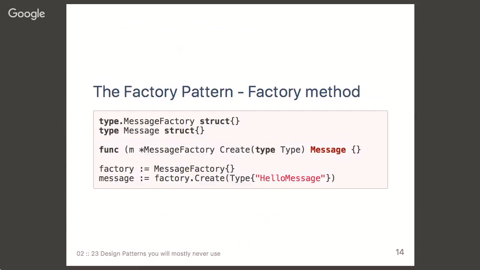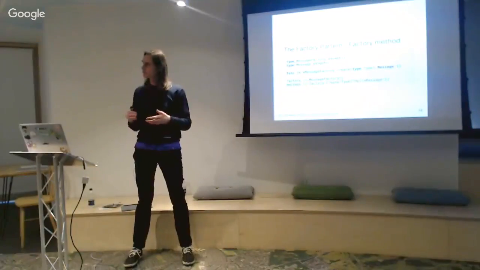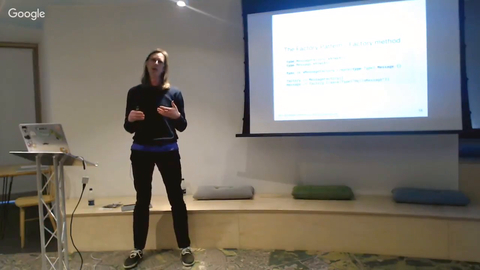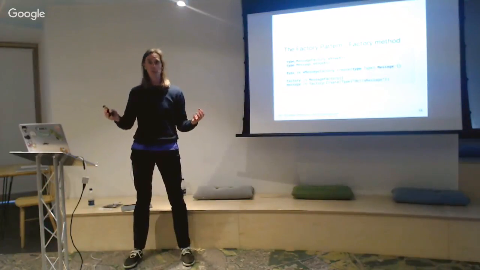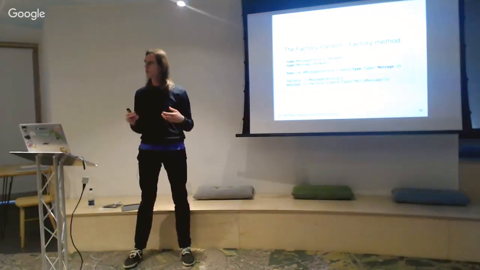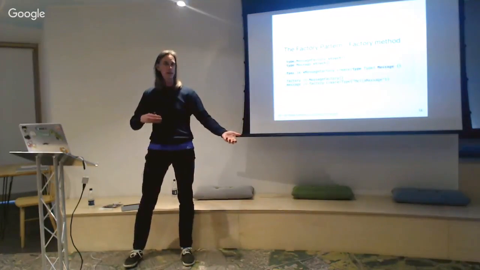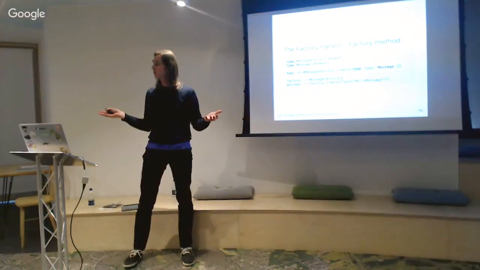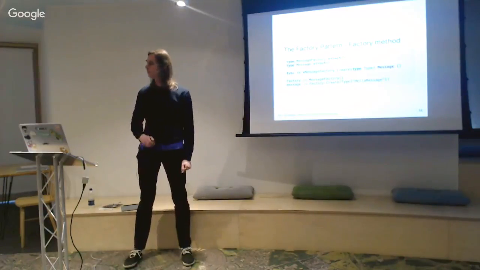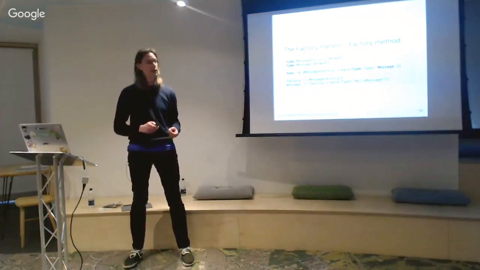I find factories really useful in tests. So if I need to replace a hard dependency in a test, I can use my factories to send me a mock, or I can send a stub or anything like that. Really useful pattern.